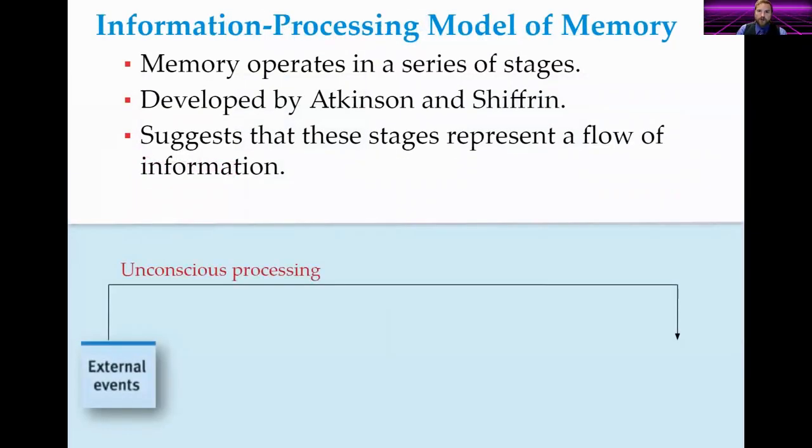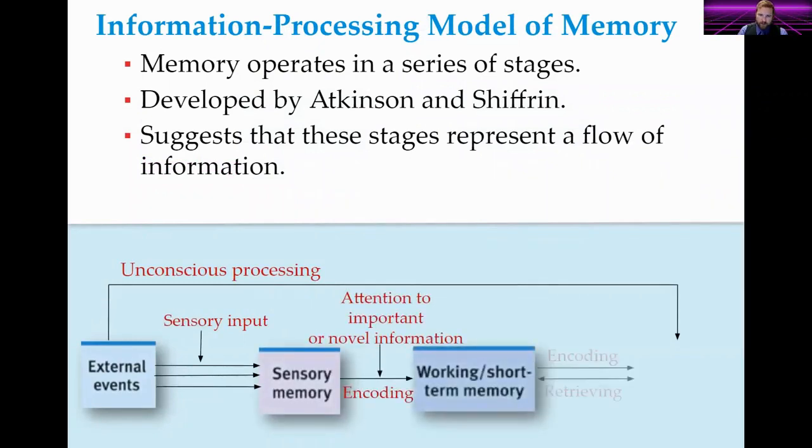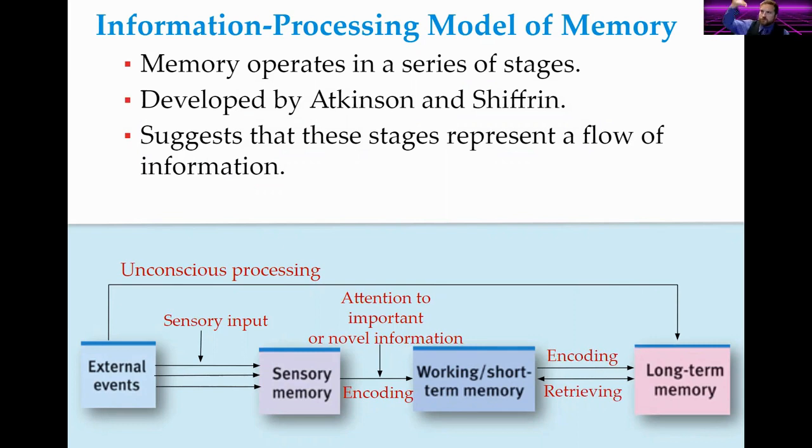The information processing model of memory, sometimes called the modal model, or the Atkinson-Shiffrin model of memory, essentially says that memory happens in a stage-based process. In the first stage, all around us we have external information, stimuli like sights, smells, sounds, touches, and tastes, just floating around us all the time.